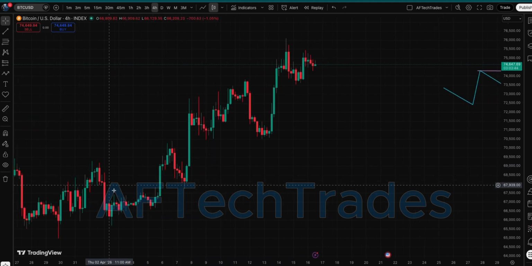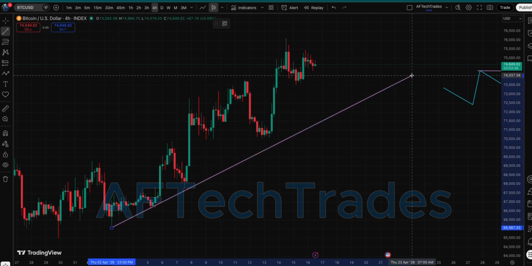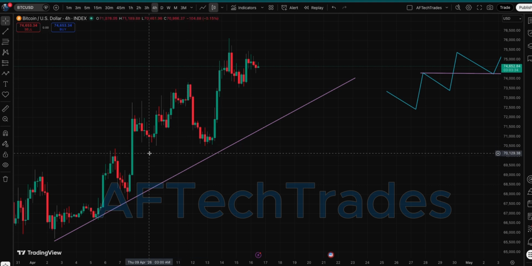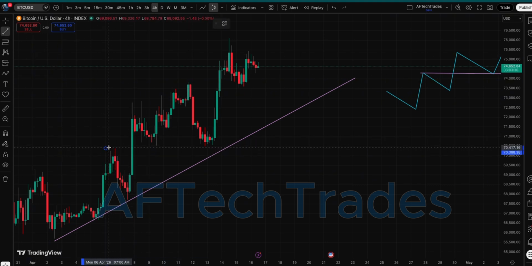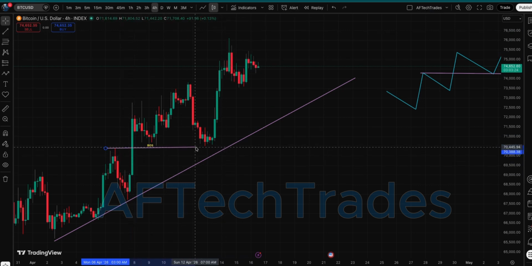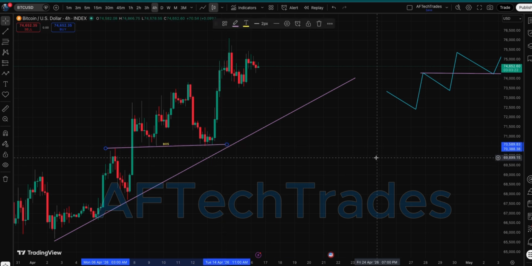So immediately after this change of character, what happened? We have an uptrend. Clearly you can see that this particular zone is an uptrend, right? So what happened after the change of character? We have a break of structure. You can see that there's a BOS here.